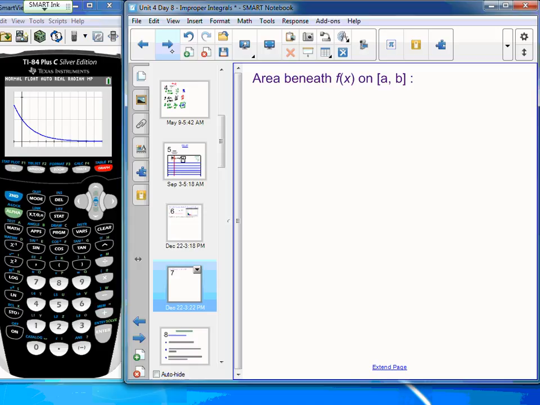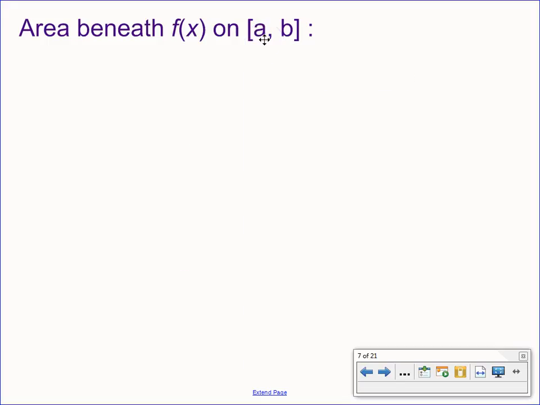So this is an interesting question. In general, the area in between a function f of x on an interval a b is simply the integral from a to b of f of x with respect to x.